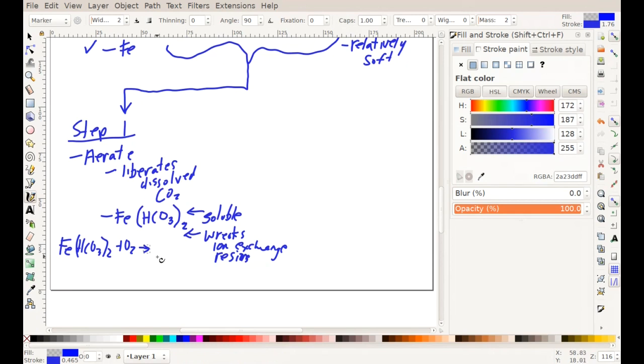Let me just check and see if I got it written down. I don't, but I'm just going to write down insoluble iron plus CO2. What that means is that the iron is going to precipitate, it's going to come out of solution, and then the next step, after we aerate, is we're going to filter the water with an iron filter.